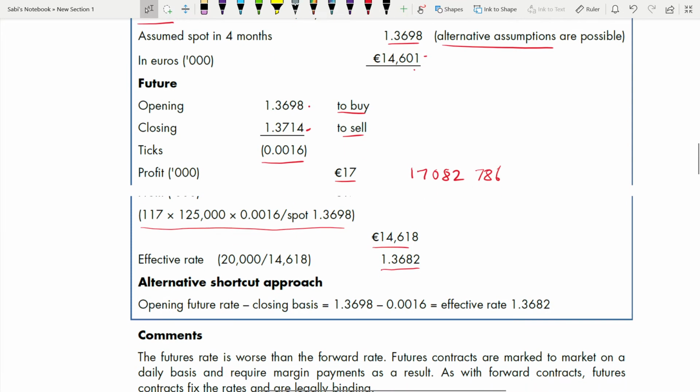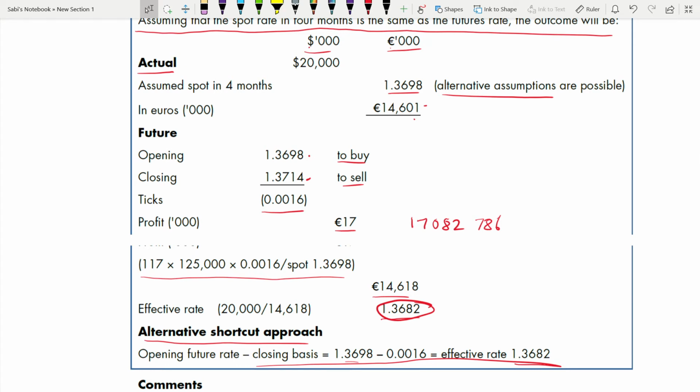If you want to get effective rate, this is a shortcut approach. This can be applied in your exam. Maybe the first one you did, it's a long way, but opening future price minus closing. So opening future price is this, closing is this, effective rate is 1.369. If you don't want to do it like this, this line itself is enough. Opening future minus closing basis, you will get your effective rate. So in that case, you don't have to do all this 14,618, 20 million, divide by 14,681 to get the effective rate, right?